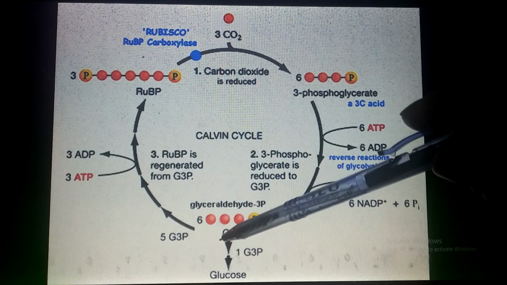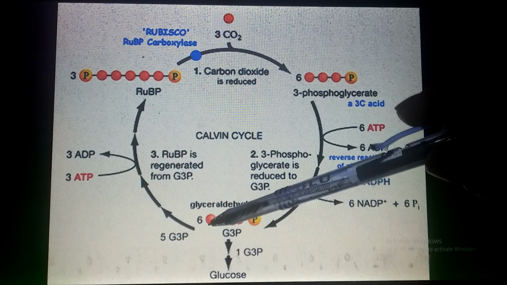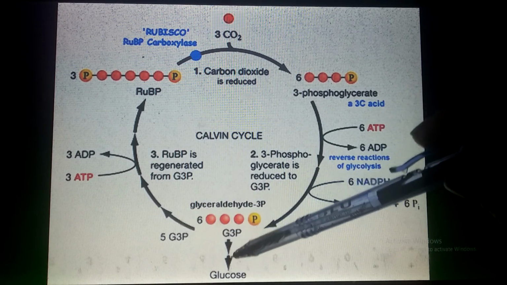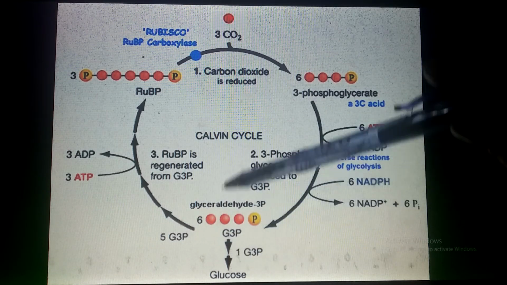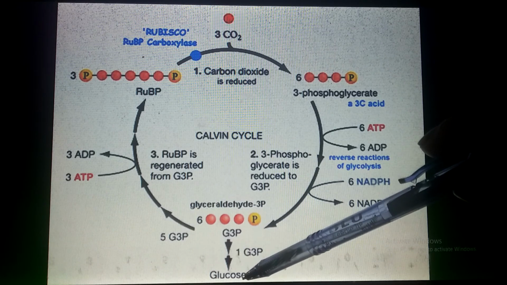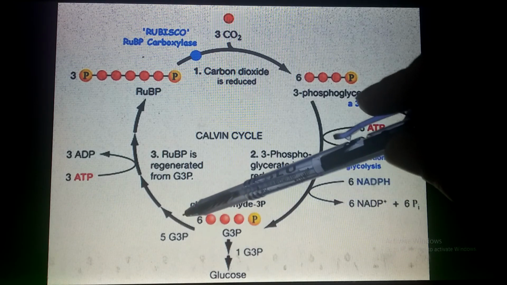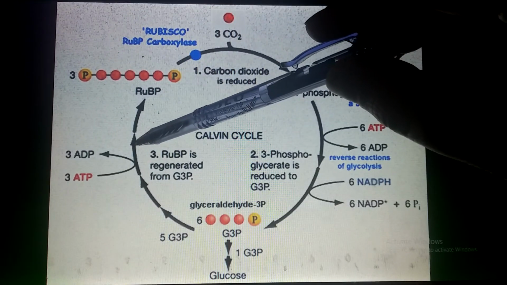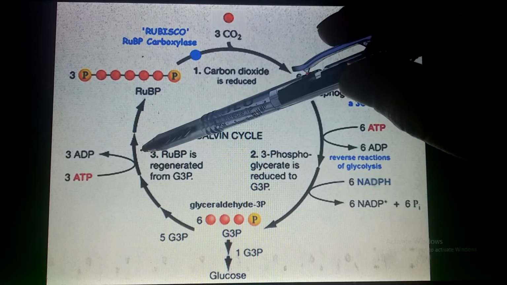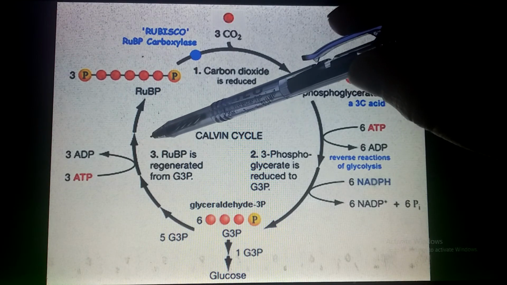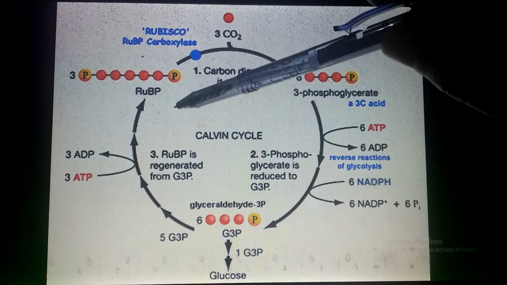Now how many remaining? 5 molecules remaining here. Concept is clear? Out of 6, 1 moves out of this Calvin cycle, and the remaining 5 molecules then react with 3 ATP molecules and produce again the RuBP, 3 RuBP.